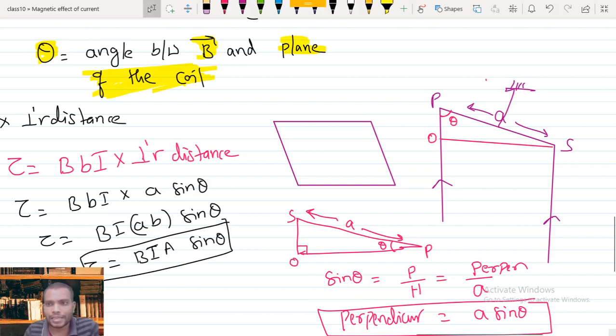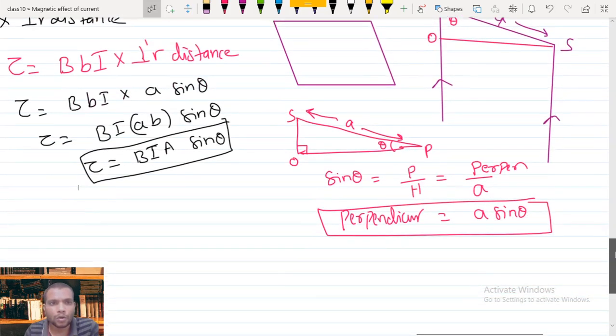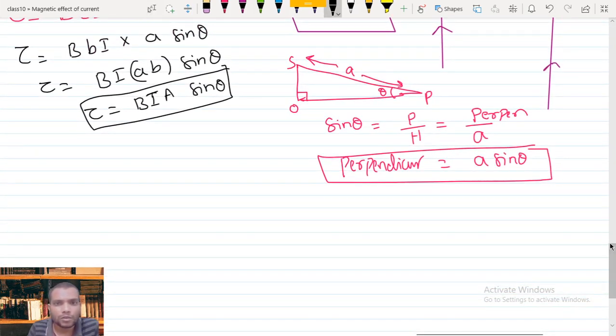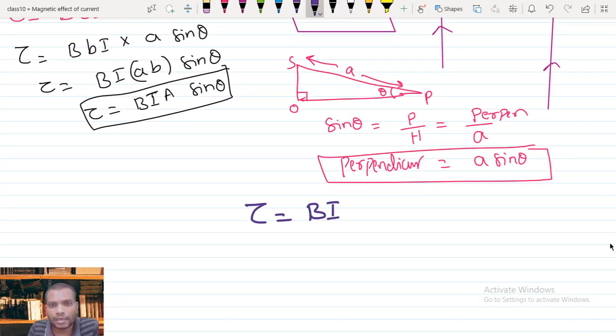So this is the expression for tau: tau equal to B I A sine theta. Here theta is the angle between the area of the plane and B, the magnetic field.